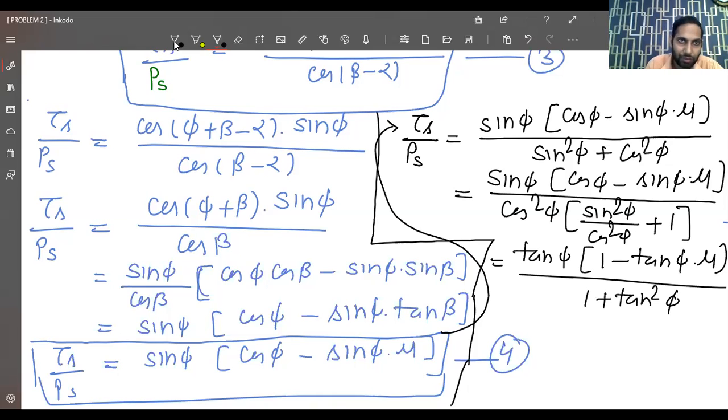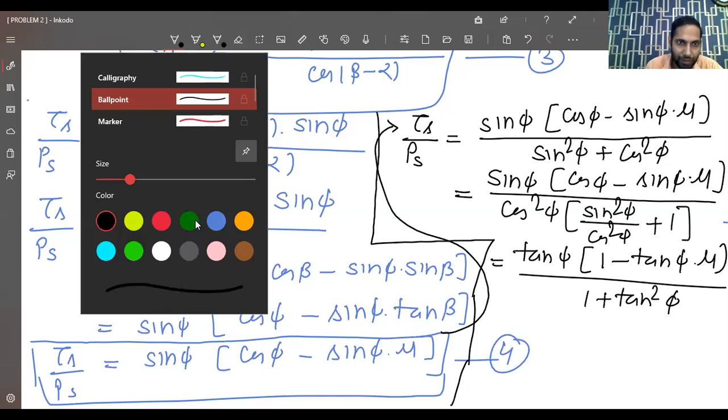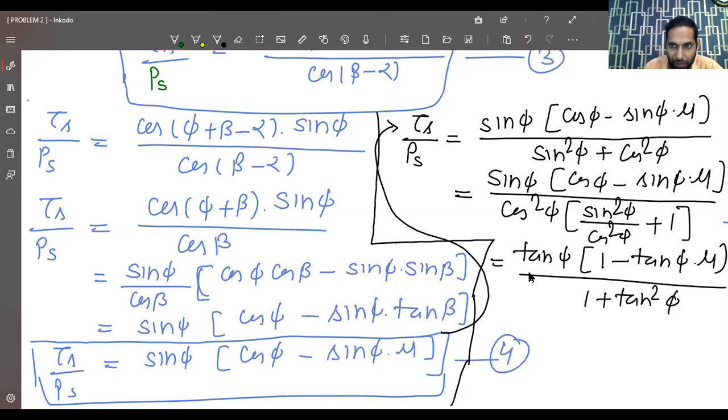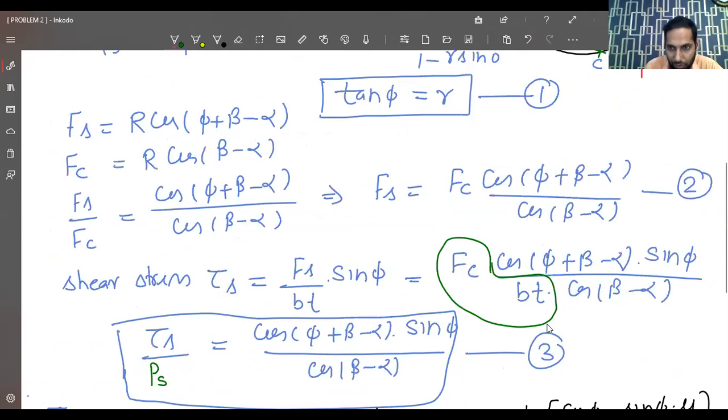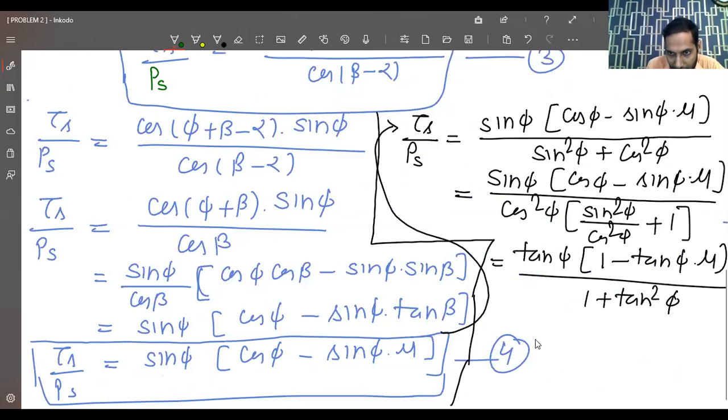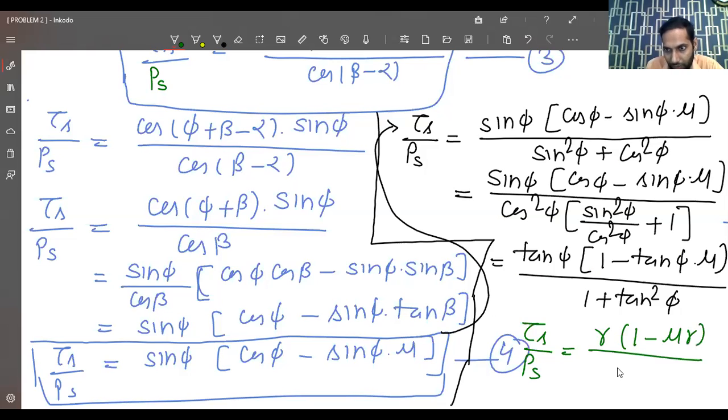Clear hai? I think up to this point you do not have any kind of confusion. So I can write here the value of tan phi is equal to r. Tan phi is equal to r. So it will become tau s by ps is equal to r into 1 minus mu r upon 1 plus r square.